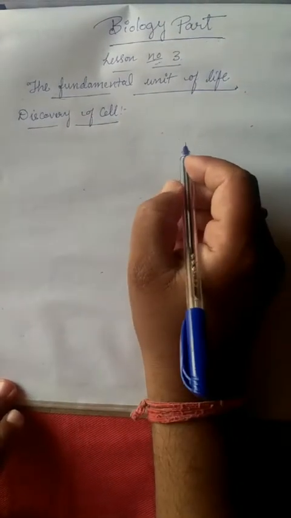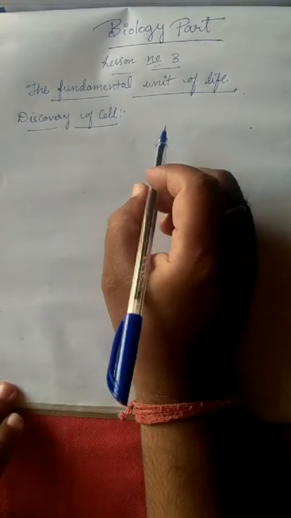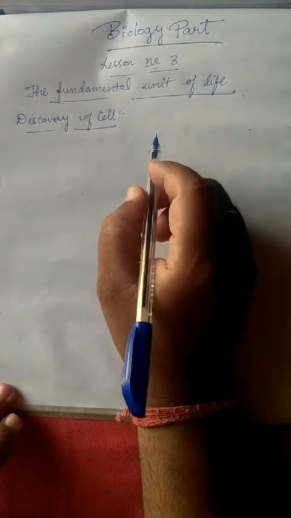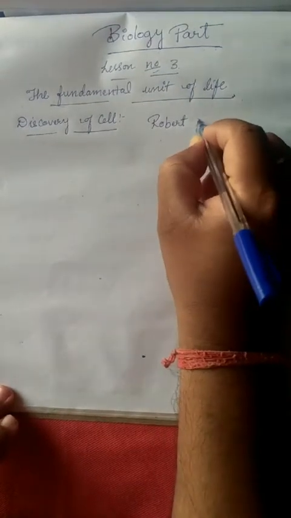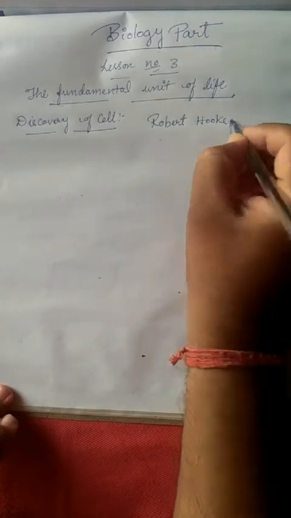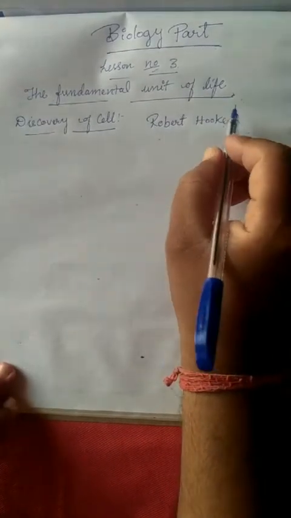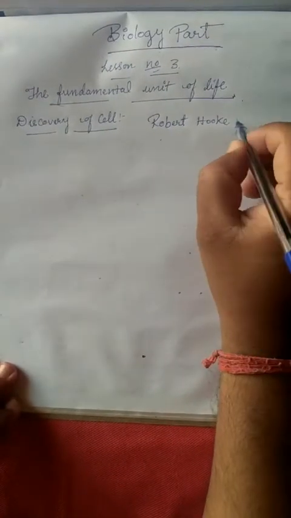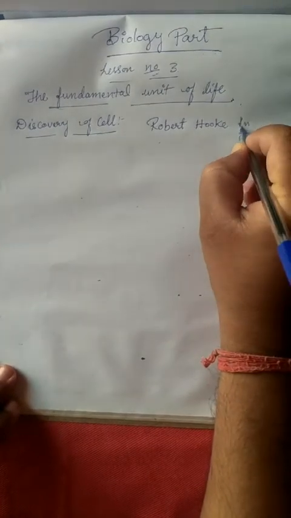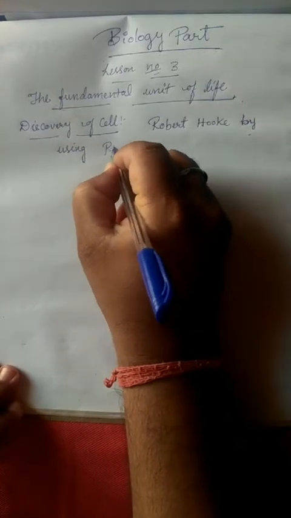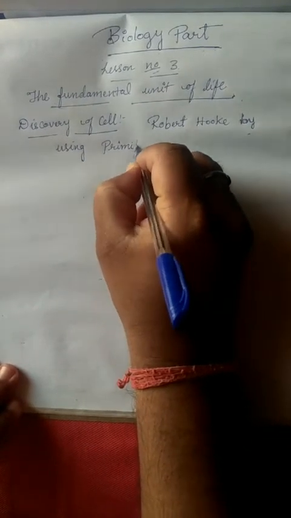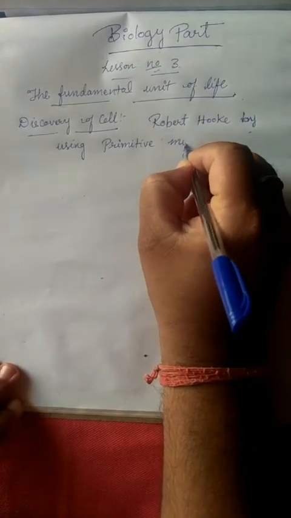Who discovered the cell? For the first time, the cell was discovered by Robert Hooke. He was the first person who discovered the cell using a primitive microscope, not an advanced microscope.